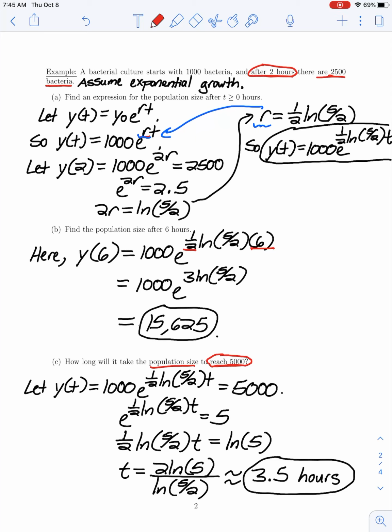And we found in part B of the problem that after 6 hours, the population size was 15,625. So the time that we're looking for in part C should be somewhere between 2 hours and 6 hours, which makes our answer seem reasonable here.